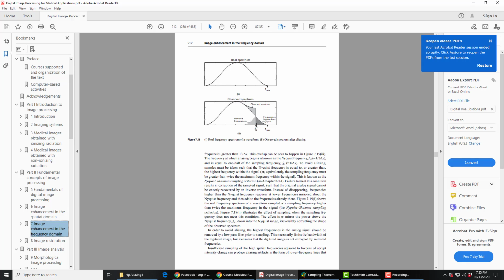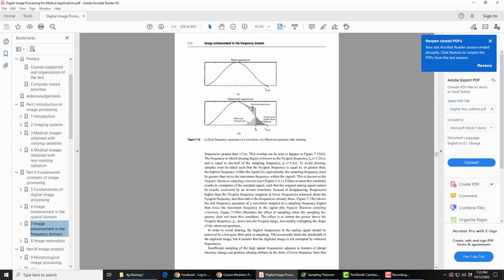And any frequencies in the real signal above the Nyquist frequency, such as these ones here, would get mirrored down and reappear as lower frequencies below the Nyquist. And then that would add on to this part of the spectrum.